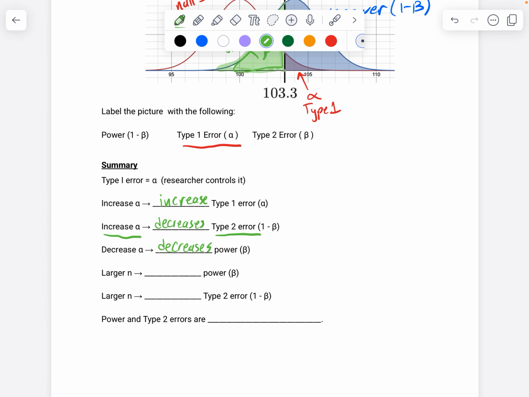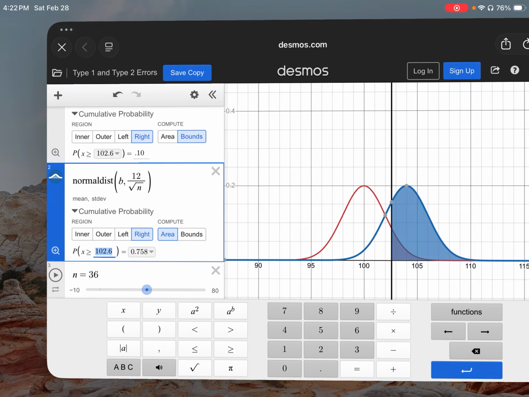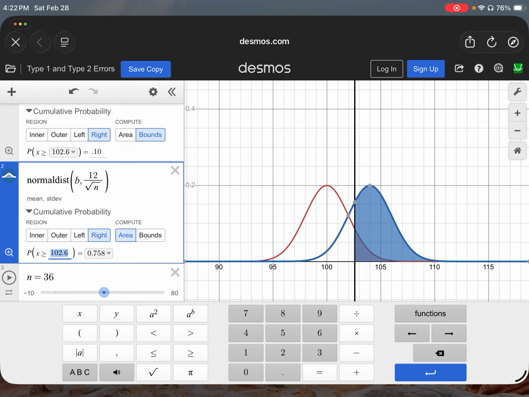Decreasing alpha. So how do I decrease alpha on this? Decreasing alpha means you go back up here. Normally it's 5%, so if you want to decrease it, you go down to 1%. See that tiny little red shading? To do that, I have to have a sample above 104.7. So watch what happens to this probability as I type in 104.7. It just dropped.